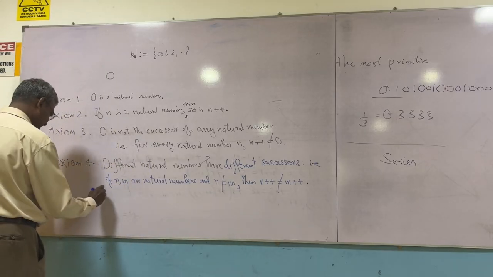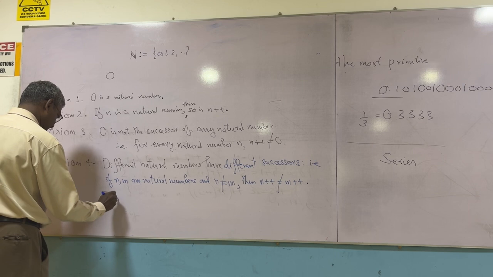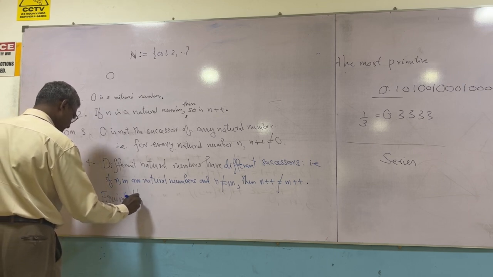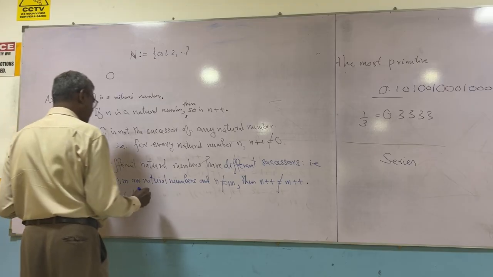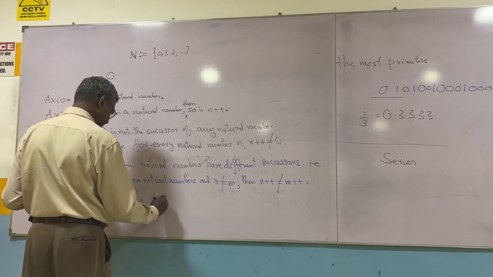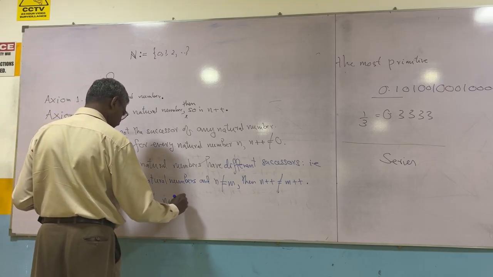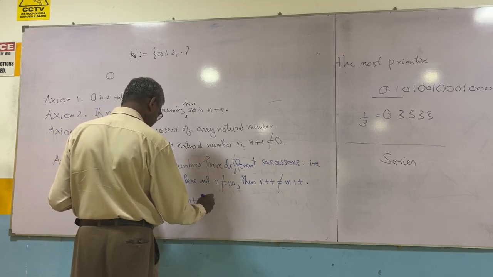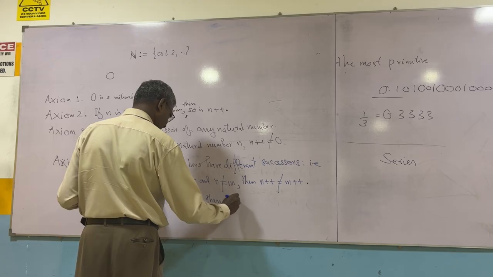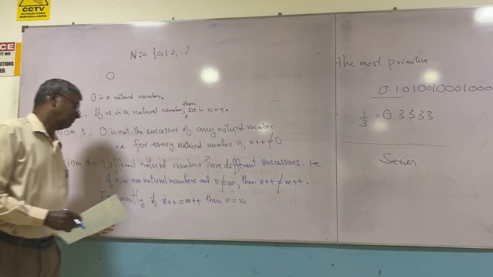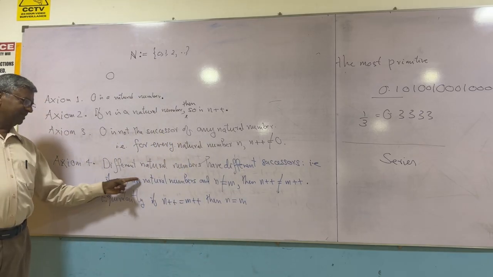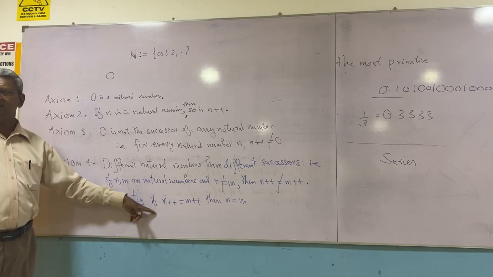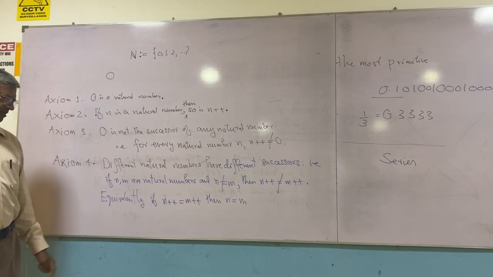Equivalently, you can say: if n plus plus equals m plus plus, then n equals m. You can see this one is the contrapositive of the previous one.